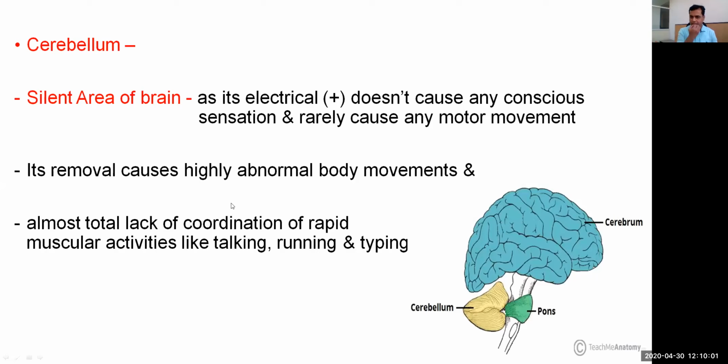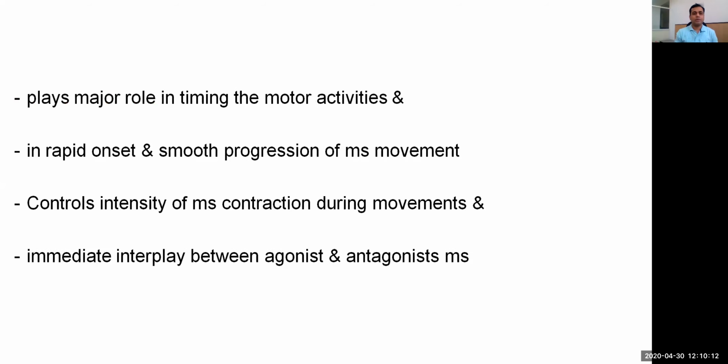Its removal causes highly abnormal body movements, almost total lack of coordination of rapid muscular activities like talking, running, typing, and so on. It plays a major role in timing the motor activities, in rapid onset and smooth progression of muscle movement, controls the intensity of muscle contraction during movements, and the interplay between the agonist and the antagonist muscle.